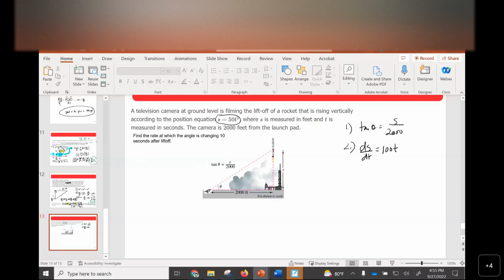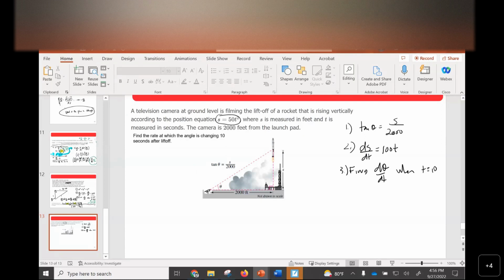Okay, good. Let's see, what do we want to find? Step 3. Pretty straightforward, what we want to find. And then I usually like to say when what? When t is 10, and what else is given? Well, it looks like that might be it. But we can go ahead and do the calculus part and see if I'm missing anything.